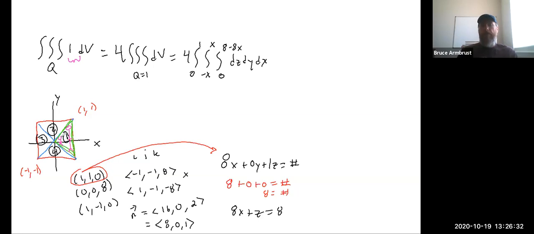But because we're just finding volume and this thing is symmetric, I know that my total volume is going to be 4 times that. And again, now that we're here, well, just do the integral. All right, so, okay so far?